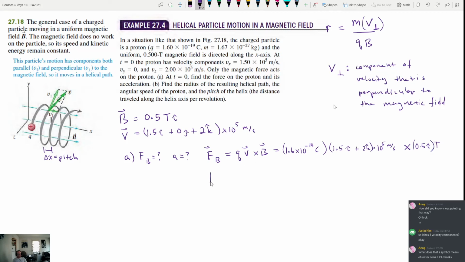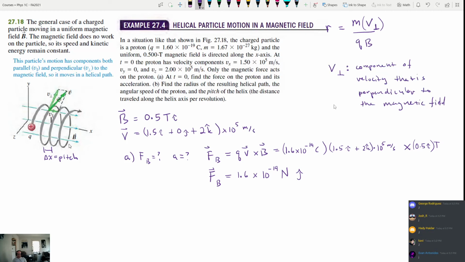And this calculation is actually very, very simple because we know that if we do I cross I, we get 0. Can you all tell me what do you get if you do K cross I? What is K cross I? It's J.